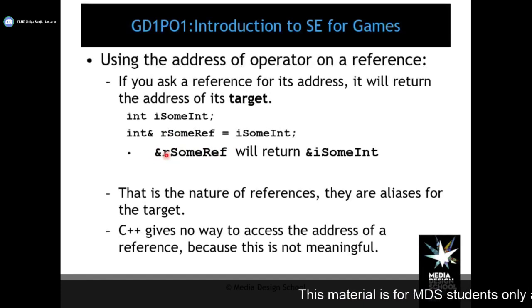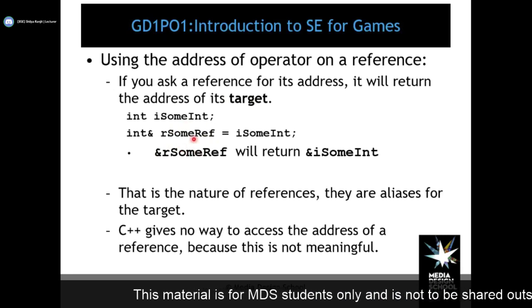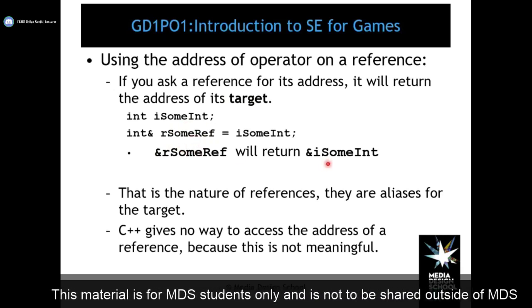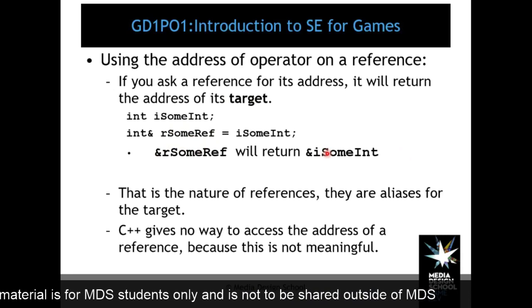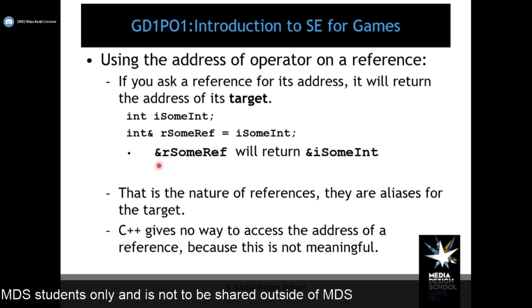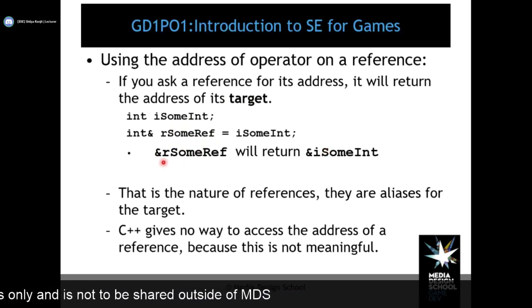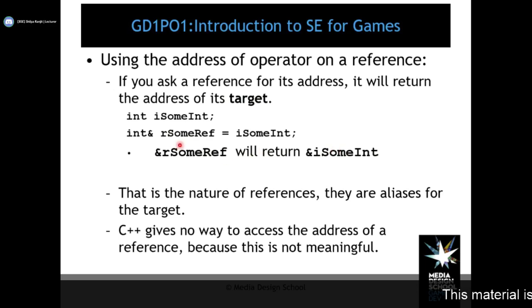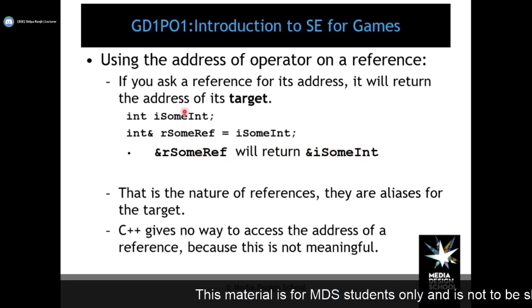So if you try to get the address of your target, that is the address of this rsum ref, for example, it is going to return the address of the original integer. All right. So address of rsum ref will return the address of isum. So there's no way you could get the address of the reference, because whenever you call the reference variable, it's always going to point to the original integer variable.